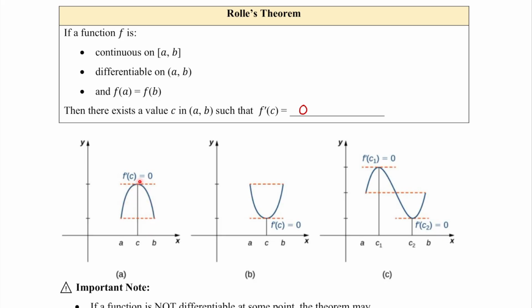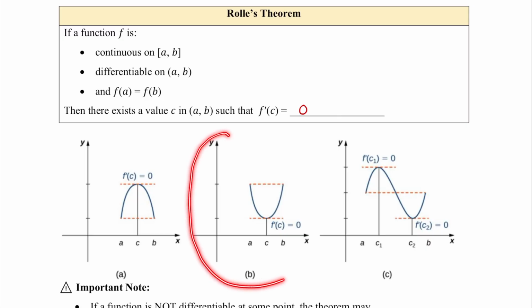At the very top, the graph is flat. So there is a horizontal tangent line. That means the slope is zero there. So this is exactly what Rolle's theorem guarantees. There is a point C in between A and B such that f prime of C equals zero.